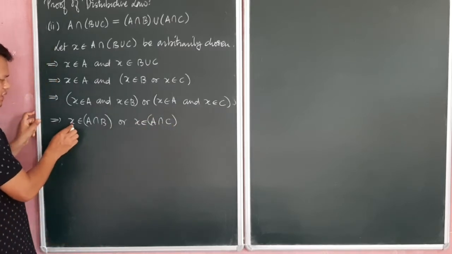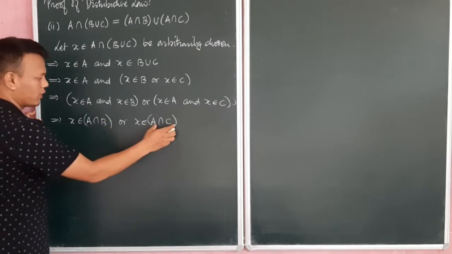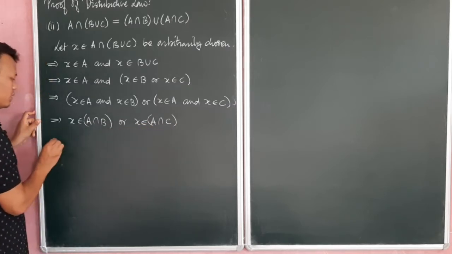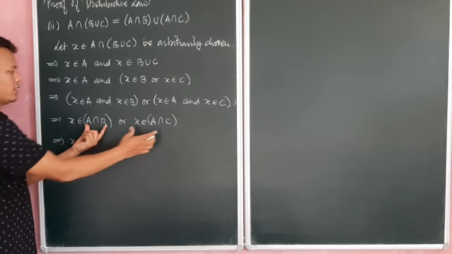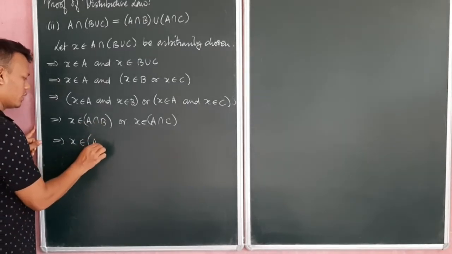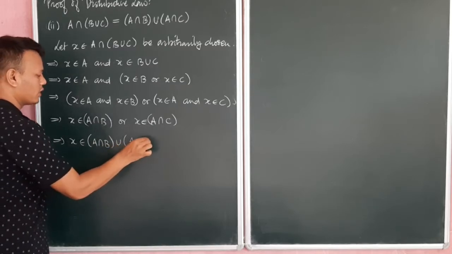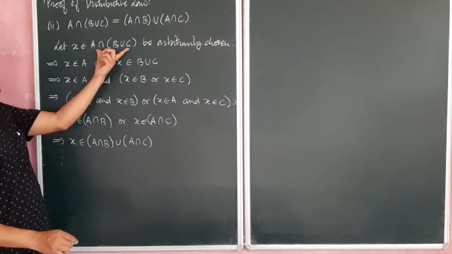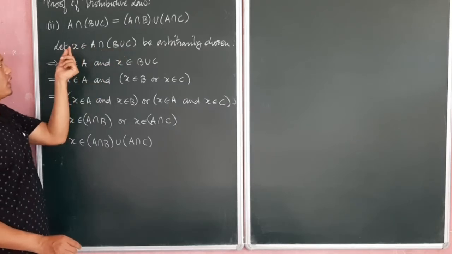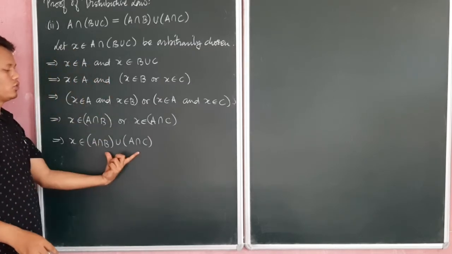Right? Now if x belongs to this or x belongs to this, suppose this is my x, this is my y, x belongs to x or x belongs to y means x must belong to their union as well, isn't it? So x belongs to A intersection B union with A intersection C. See, starting in this was x, I took any random element from x and I showed that that random element also belongs to y.